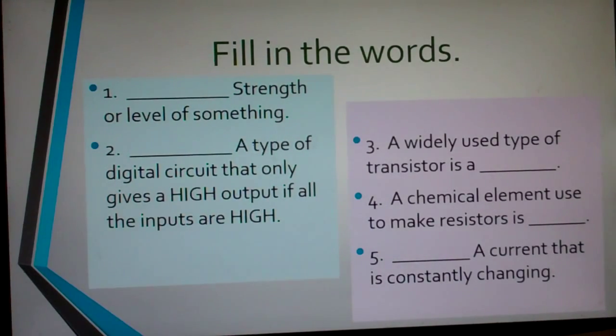Number 3, a widely used type of transistor is a blank. Number 4. A chemical element used to make resistors is blank. Number 5. A current that is constantly changing is a blank.